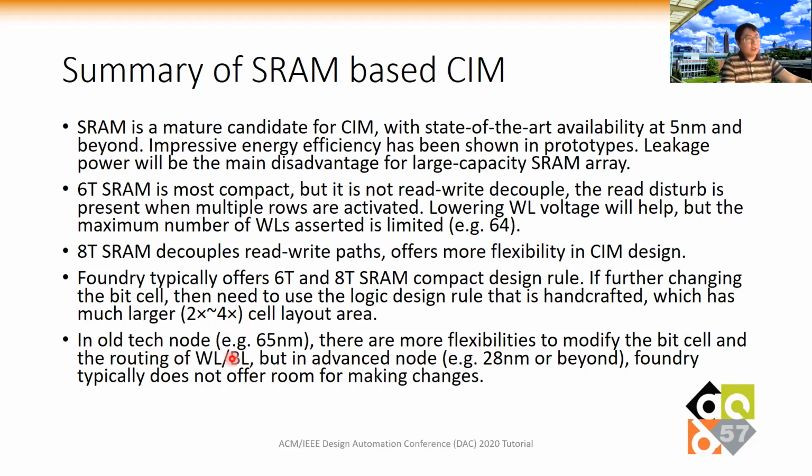In older technology, for example 65nm, there is more flexibility to modify the bit cell. But in advanced technology nodes, like 28nm or beyond, foundries typically will not allow you to change anything. So then you have to follow the foundry's design rule and design the SRAM-based prototypes.